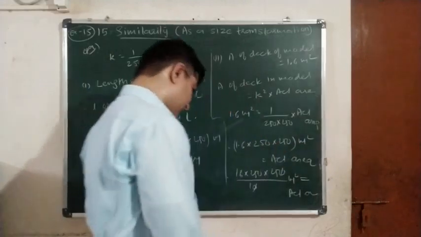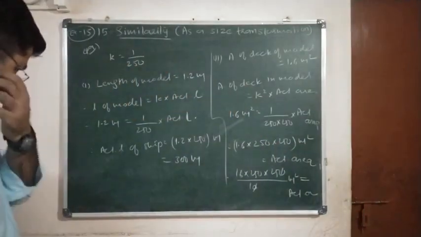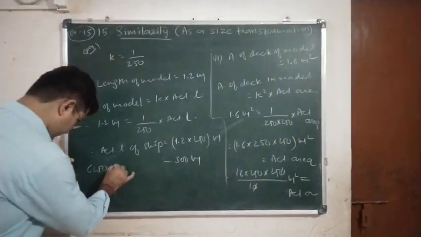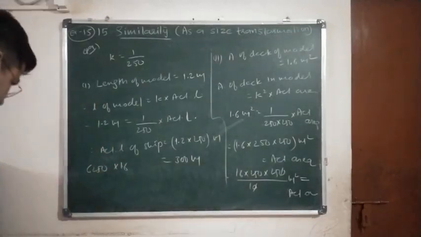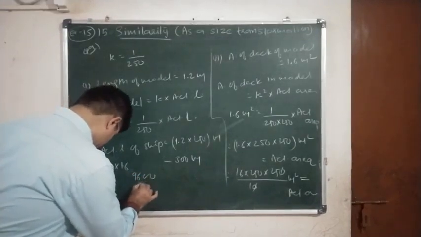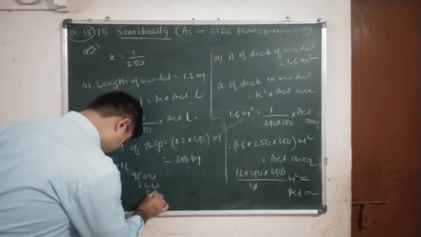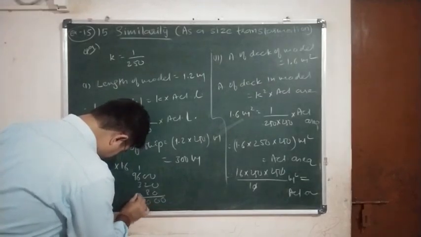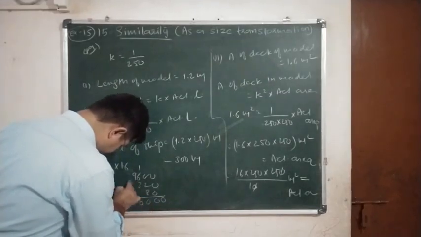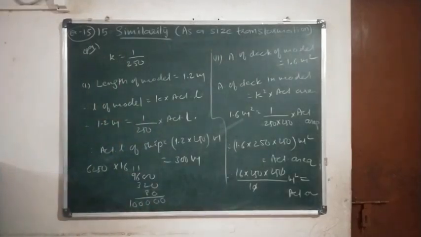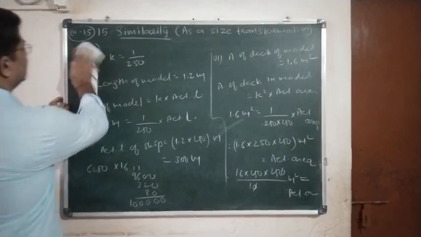This 10 you can cut. Now 25 25s are 625, into 16 we will multiply. Okay, so 16 6s are 96, 32, 16 5s are 80. So the answer is 1 lakh square meters. Yes or no? 1 lakh square meters.